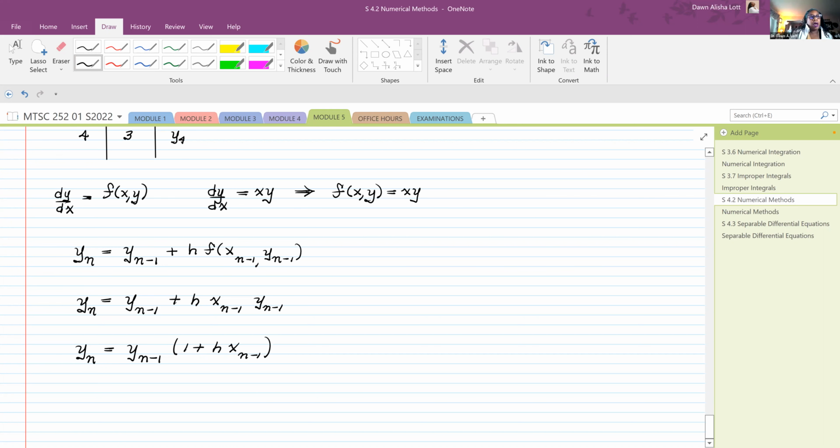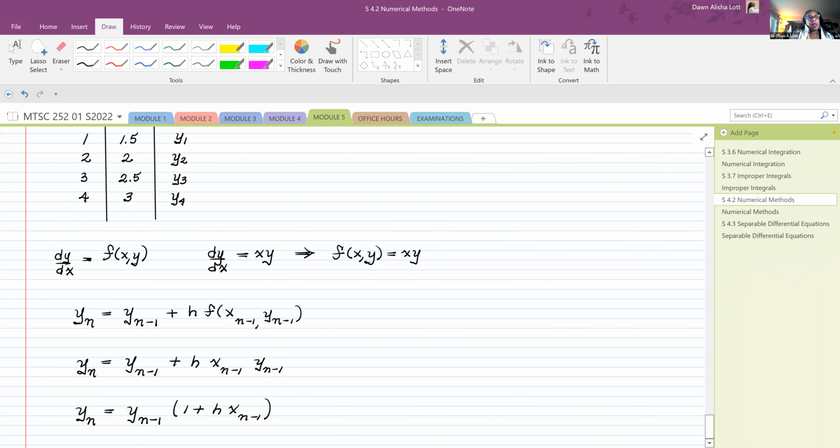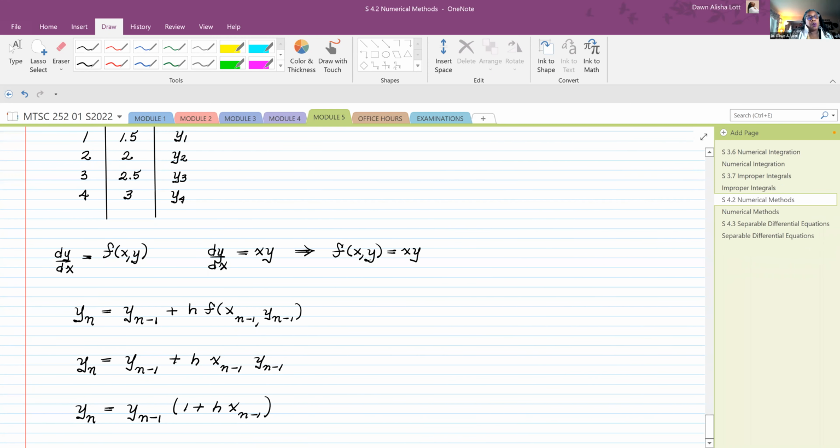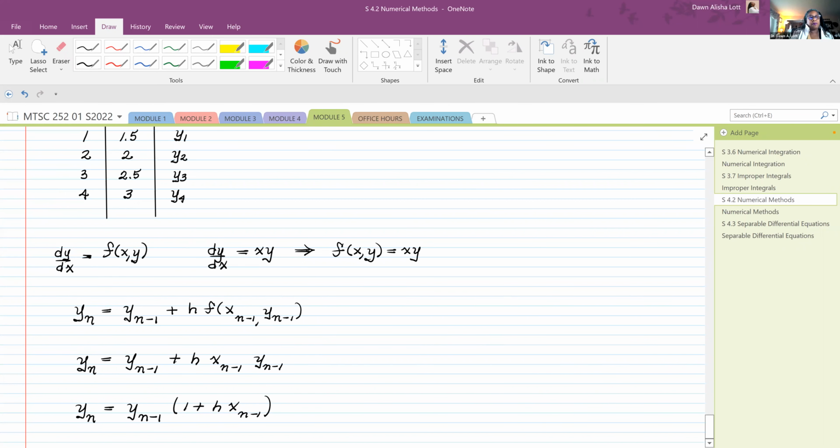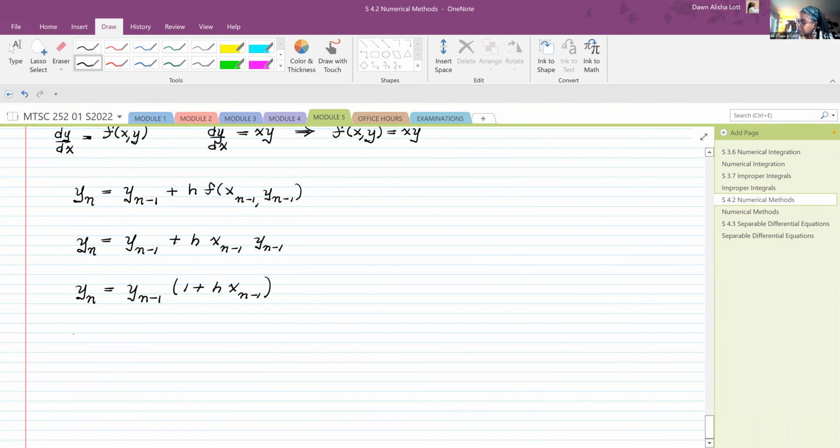So our approximation at x1, where x1 is 1.5. We already know that x0 is 1 and y0 is 1. So y1 is going to be y0 times 1 plus h times x0, where h is 0.5. That is how we will find y1.